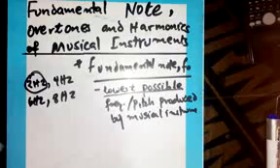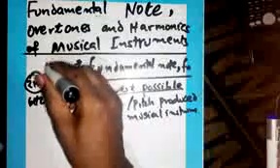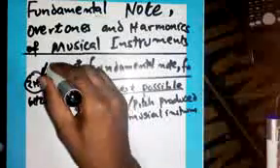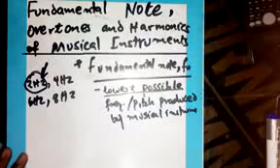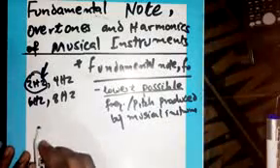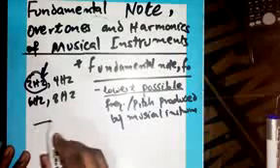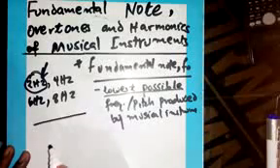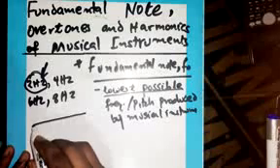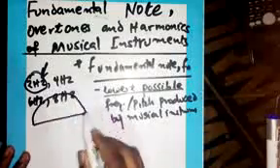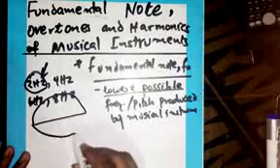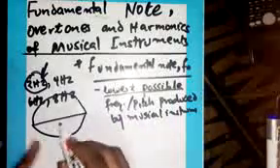The fundamental frequency, therefore, is characterized by low pitch. It is also characterized by, for example, a string. A string produces a fundamental frequency, the lowest possible frequency, when it is plucked once. When it is plucked once, it appears in this shape.